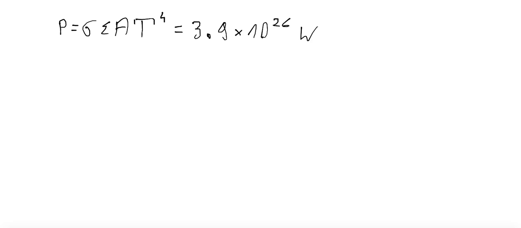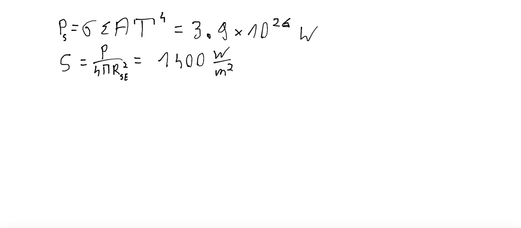Then we've used the power emitted by the sun and the distance between Earth and Sun, and we've calculated the solar constant. The solar constant was the power of the sun divided by 4 pi r squared, where r is the distance between Sun and Earth, and we've obtained a result of around 1400 watts per square meter. In the next step we've calculated the intensity absorbed by the Earth by using this quarter.